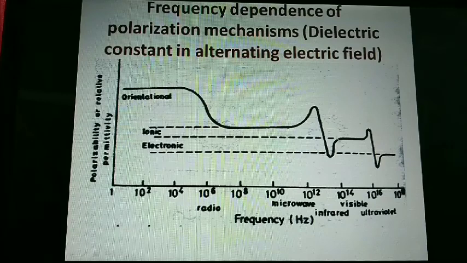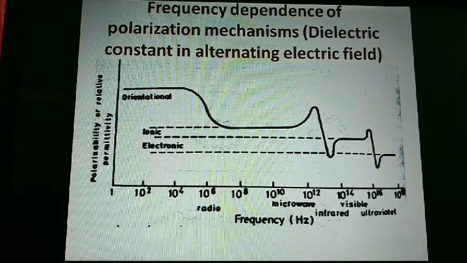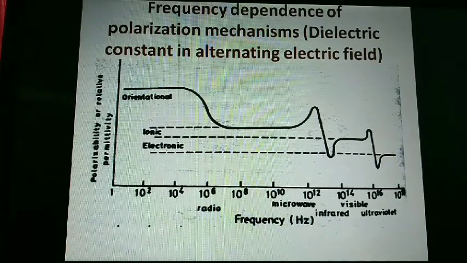So this kind of frequency dependence of polarization mechanism is because of the natural frequencies of the dipoles or ions or the electrons. You know that the dipoles are heavier in mass as compared to the masses of the ions or the electrons.